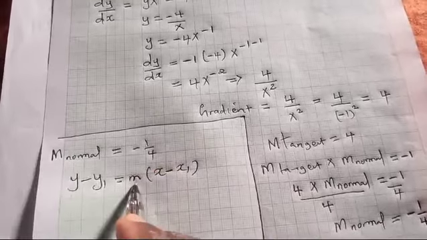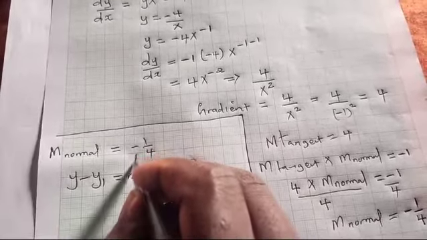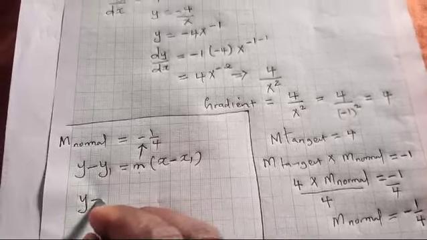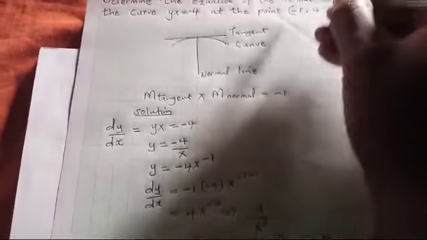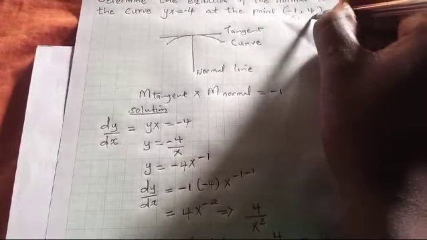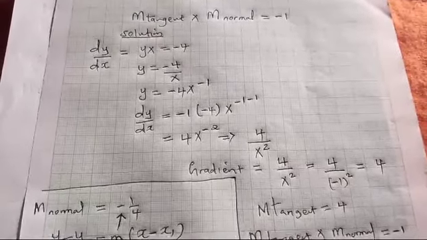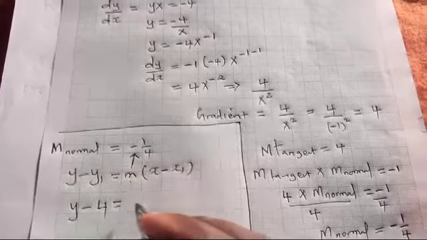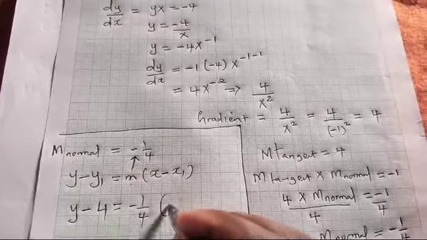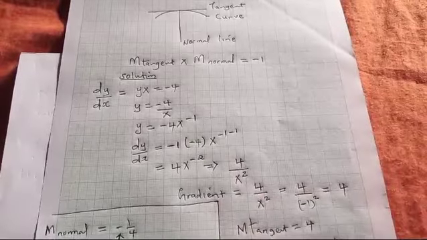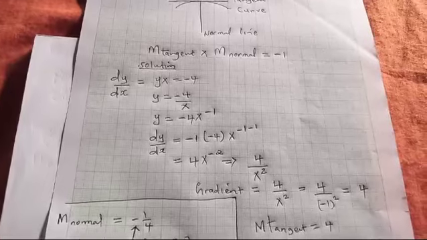In this case, our m is going to be the m normal that we calculated. So we have y minus our y1, which is 4, is equal to negative 1 over 4. We multiply by x minus, what is our x1? x1 is minus 1. So minus minus is plus 1.